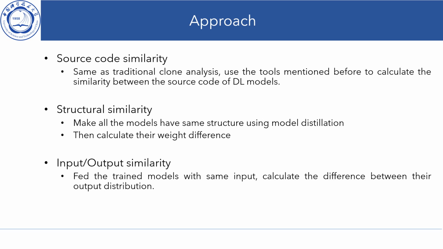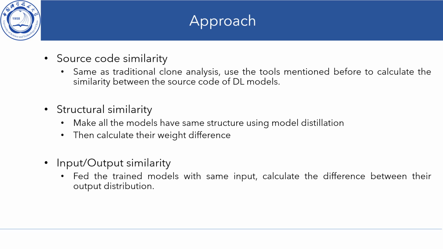However, the clone analysis of deep learning software is slightly different from that of traditional software. For traditional software, we could obtain the structure similarity by calculating the difference between the abstract syntax trees or program dependency graph. But the deep learning models usually have their unique structure and cannot be compared directly. Besides, the output of deep learning models is usually a probability distribution, which is also different from the traditional software.